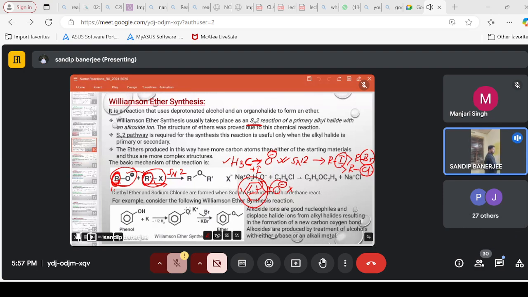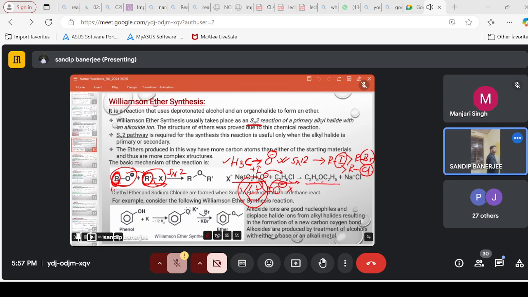So let's think, I am starting with sodium ethoxide and ethyl chloride. Then in sodium ethoxide, the oxygen minus will attack from the backward side, and this chlorine will get eliminated. And by this way, the ether, ethyl oxygen ethyl, will be formed.